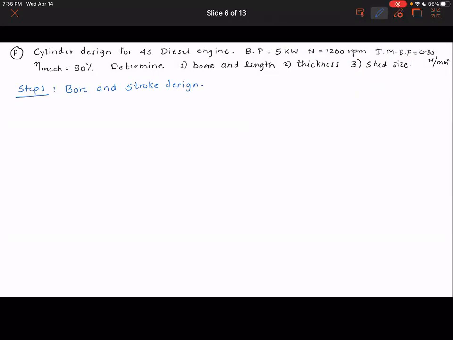I'm going to assume L by D ratio is equal to 1.5. And this is just an assumption. You can use L by D ratio from 1.25 to 2. That's totally fine.